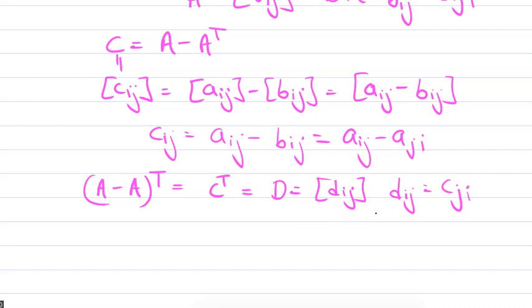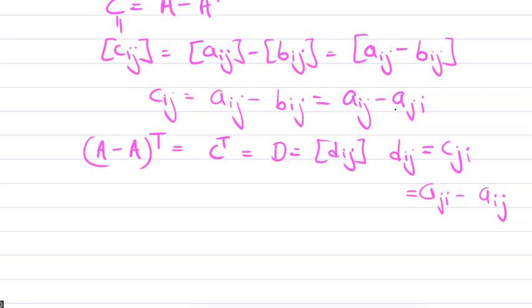So let's just put in entries here. Cji, from this, is Aji minus Aij, correct? From this information, I have just swapped i and j this way. So it is nothing but minus of Aij minus Aji.